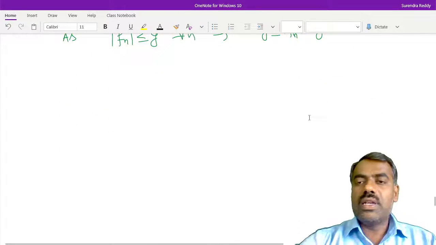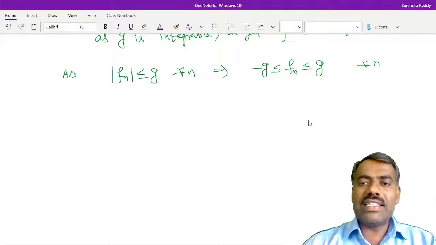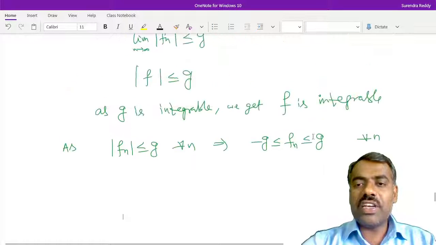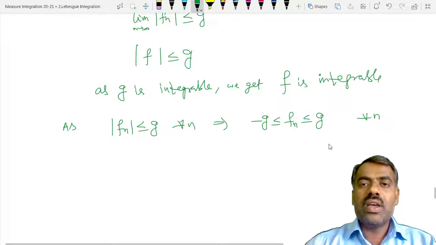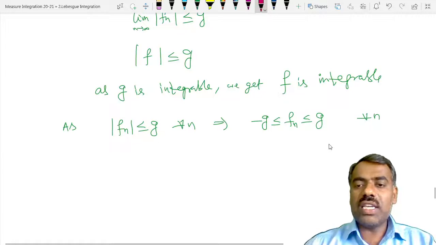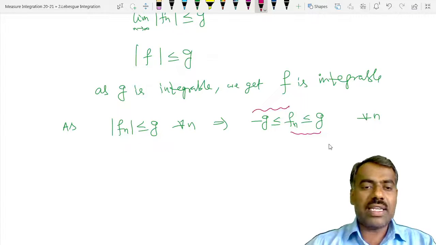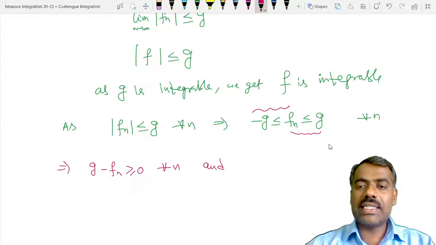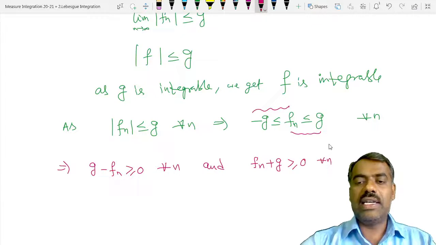So now, this one time we'll consider fn less than or equal to g. If fn is less than or equal to g and minus g is less than or equal to fn, right? So this implies that g minus fn is greater than or equal to 0 for all n, and not only that, g plus fn is also greater than or equal to 0 for all n, right?